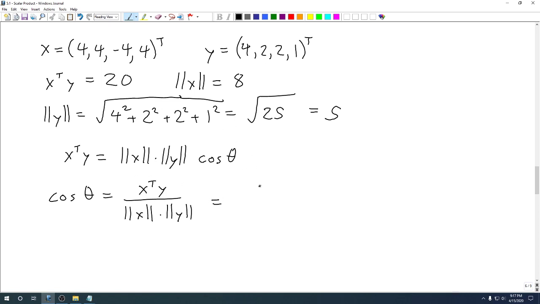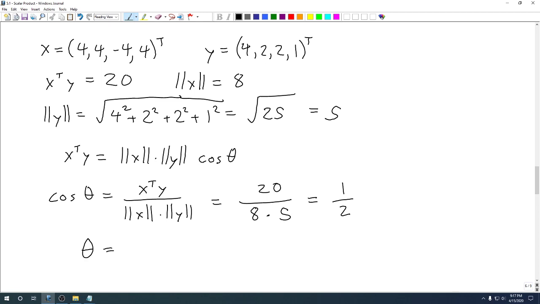Scalar product we already saw was 20. Magnitude of x is 8. Magnitude of y is 5. 20 over 8 times 5, that turns into a 1/2. Now, what angle has a cosine of 1/2? We're going to look at angles between 0 and pi, or 0 and 180.